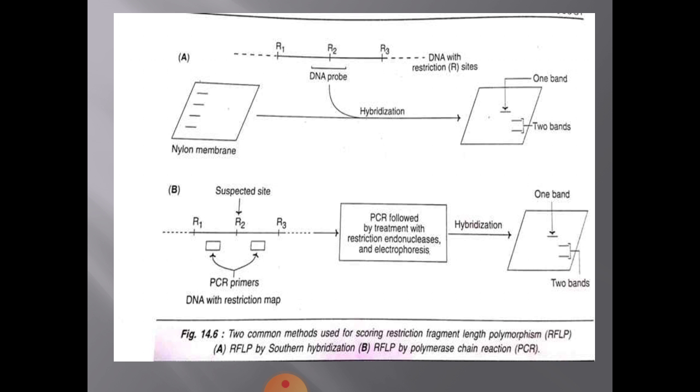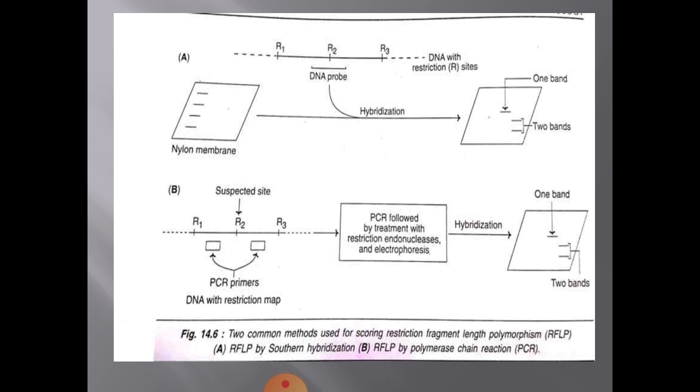So let me summarize here. The DNA is digested with appropriate restriction endonuclease and then subjected to agarose gel electrophoresis. The DNA fragments obtained are transferred to the nylon membrane, and then a DNA probe that spans the suspected restriction site is added, and the hybridized bands are detected by autoradiograph.